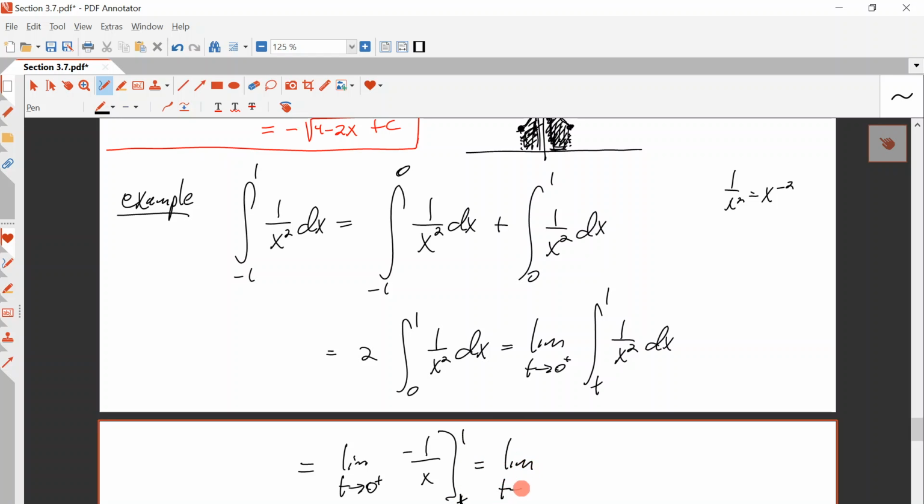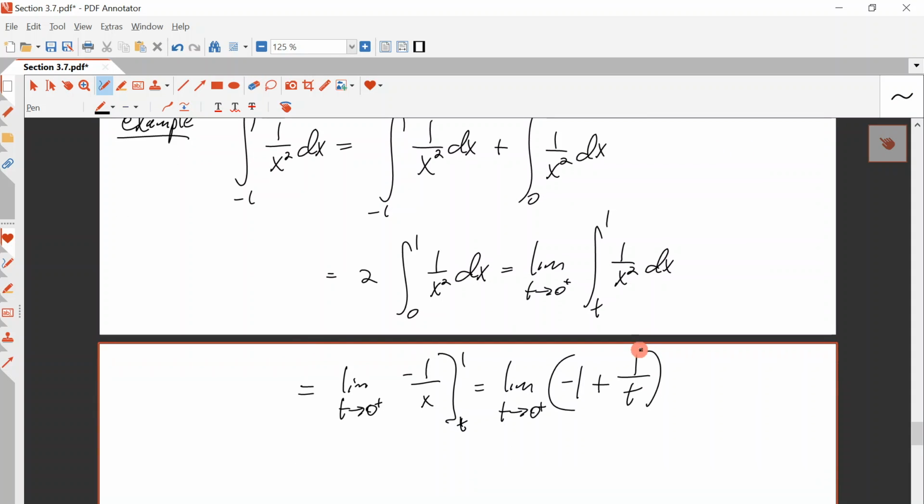So this is the limit as t approaches 0 from the right; at 1 you have minus 1, plus 1 over t. But as t goes to 0 on the right, this is infinite. So the integral diverges.